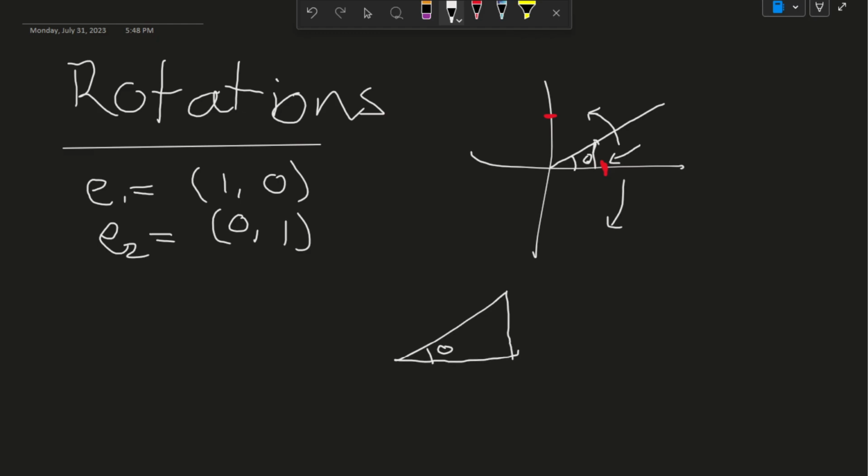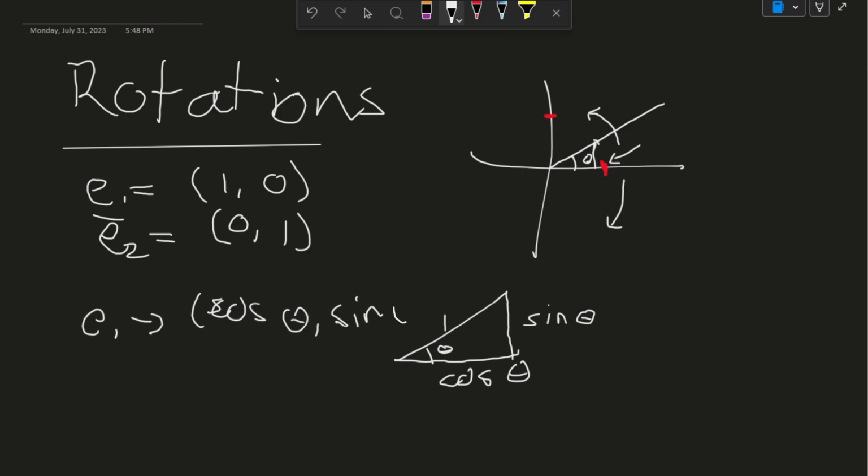This hypotenuse is going to be 1, and so the y value is going to be sine theta and the x value is going to be cosine theta. So the first standard basis vector E1 is going to be sent to (cos theta, sin theta).